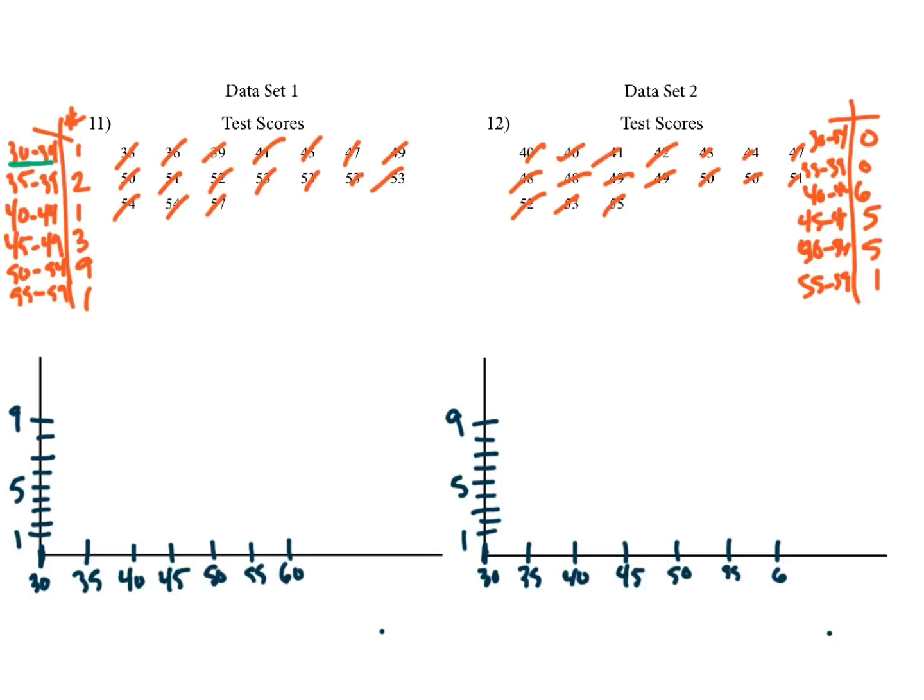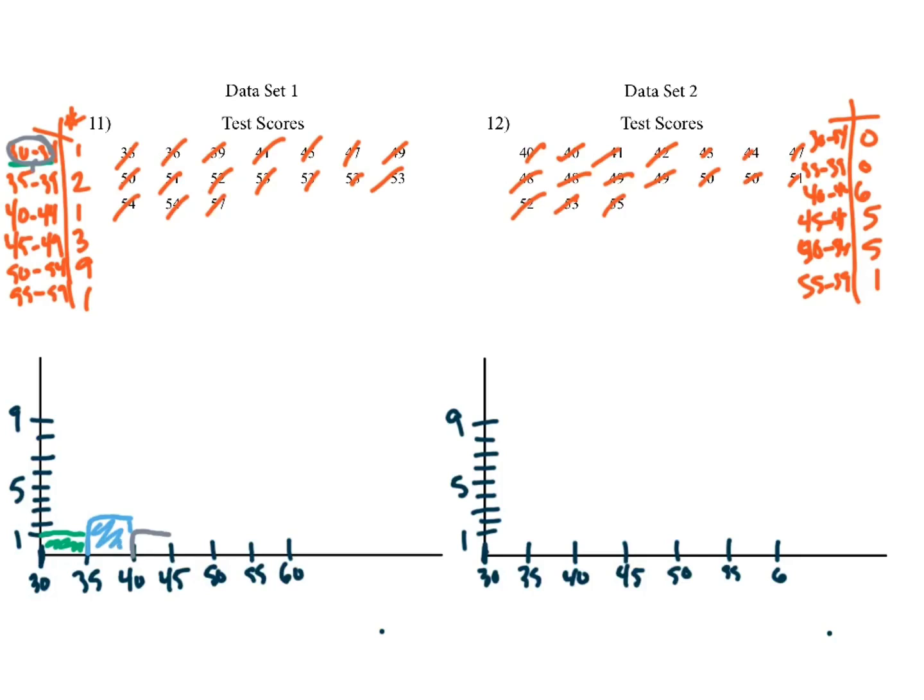Notice we go from 30 to 34, so we're starting on this bar, and I go up to 1, and then over. On my next group, there's 2 of them, so I go up to 2, and then over. Then the next one, there's 1, so I go up to 1, over. The way it doesn't include 35 here, that's why I'm trying not to end the bar graph at that number.